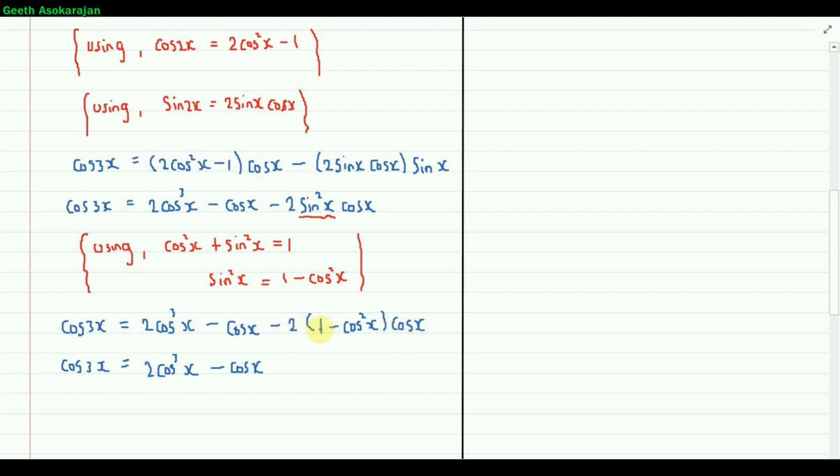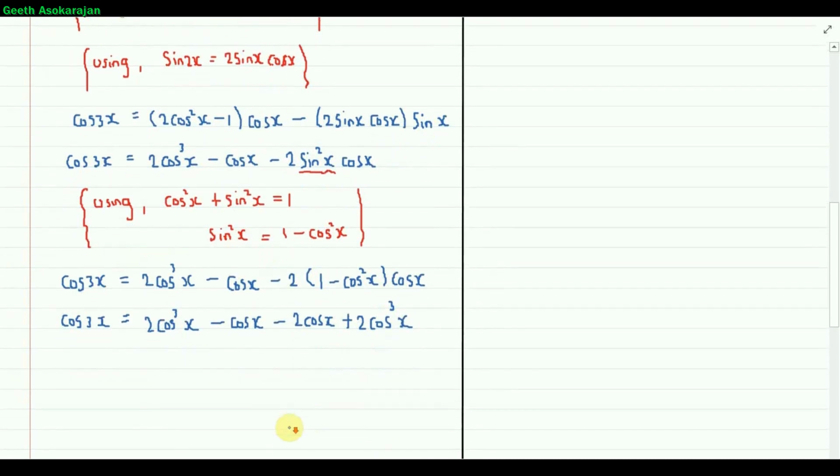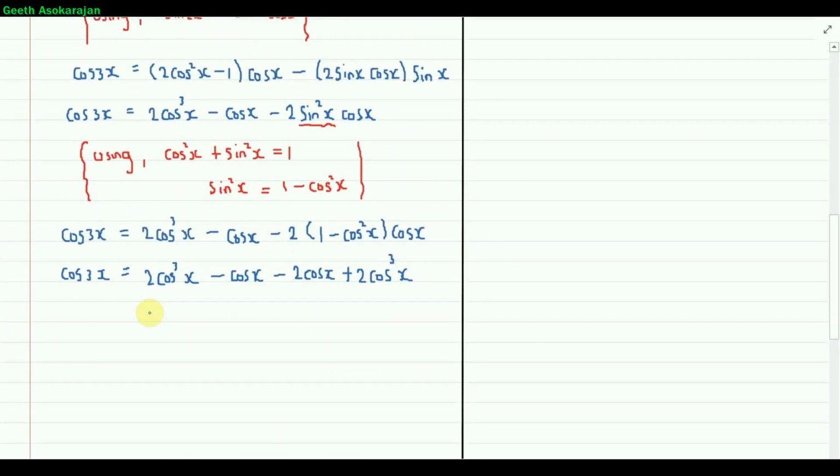So minus 2 times 1 times cos x is minus 2 cos x, and minus 2 times minus cos squared x times a cos x is plus, so minus times minus is plus 2 cos cubed x. So be careful with your simplification, your multiplication.